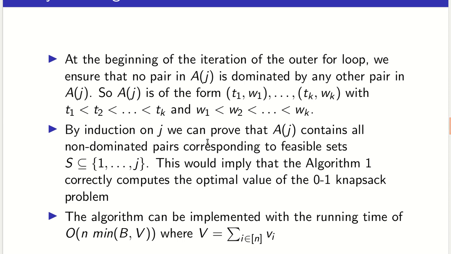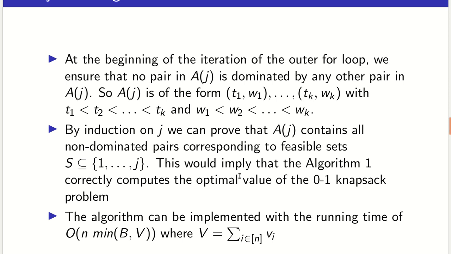And by induction on j, we can prove that A_j contains all non-dominated pairs corresponding to feasible sets S belonging to 1 to j. So if you take any collection of items from 1 to j, provided that it is feasible, you make a list of all those pairs, and then if you remove the dominated pairs, you will end up with A_j. You can do it by induction.